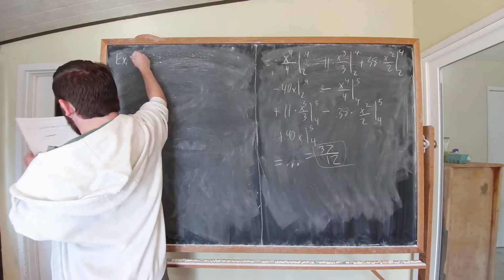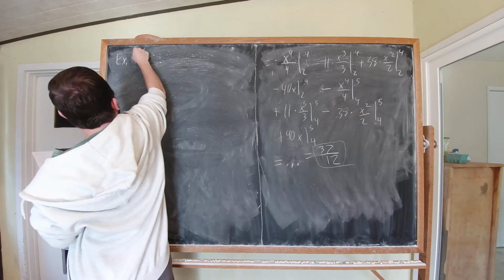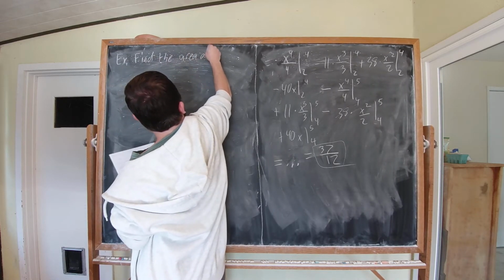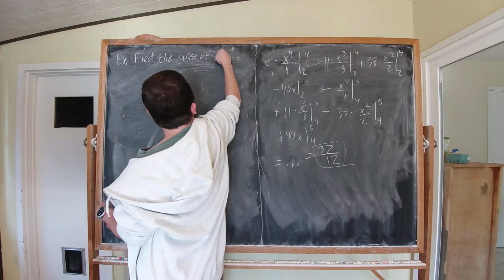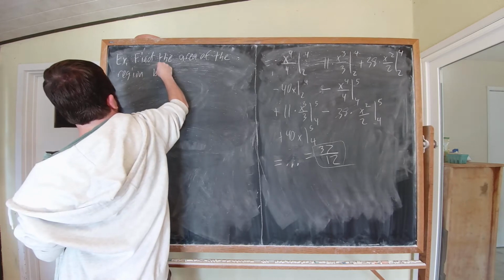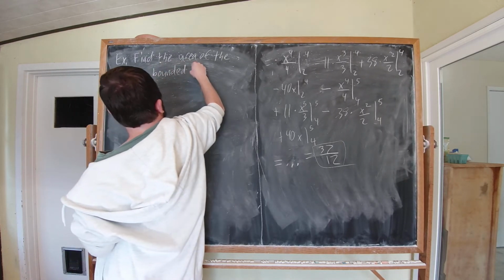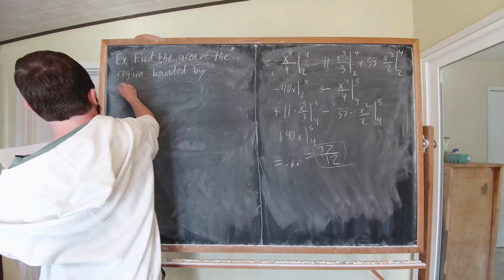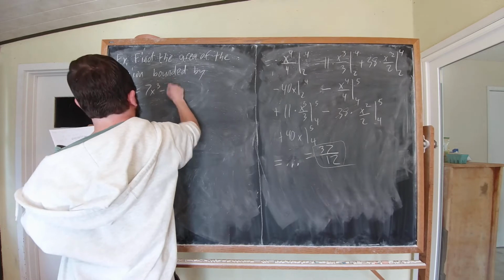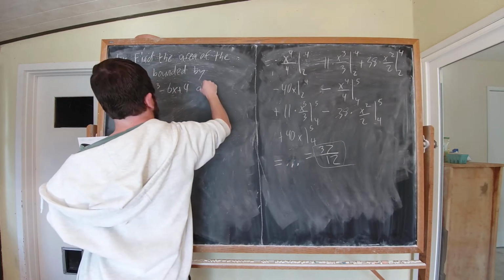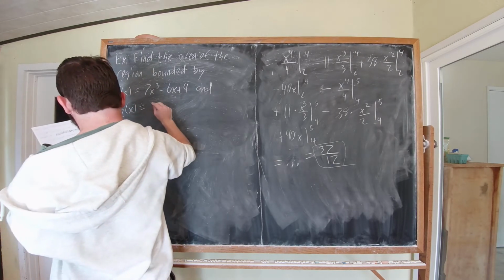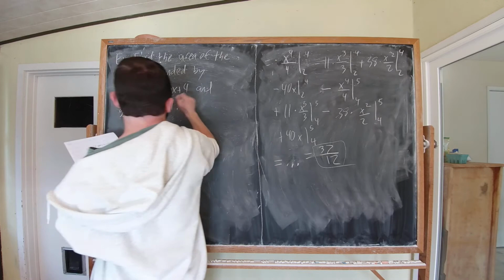So, for example, let's find the area of the region bounded by f of x equals 7x cubed minus 6x plus 4 and g of x equal to x plus 4.